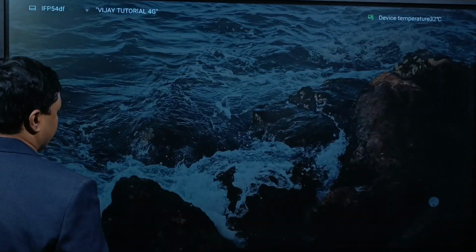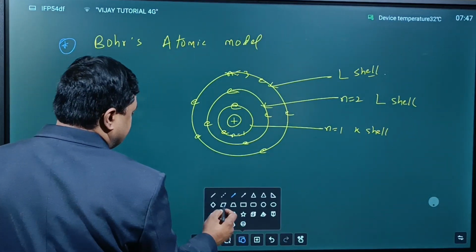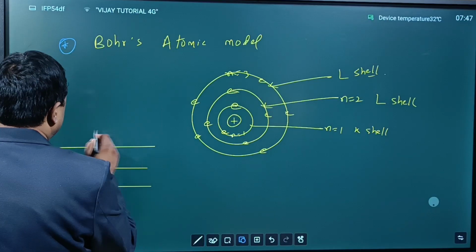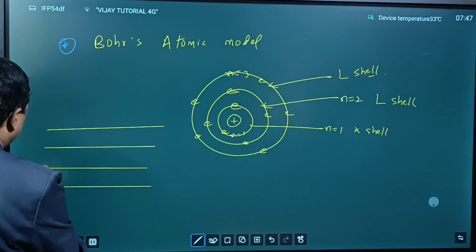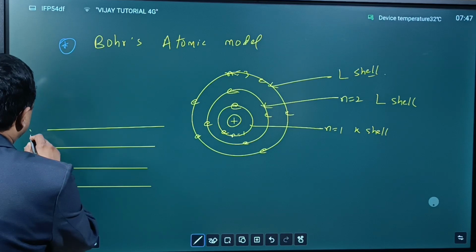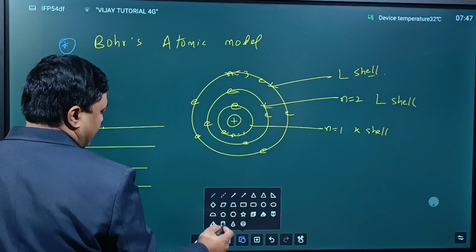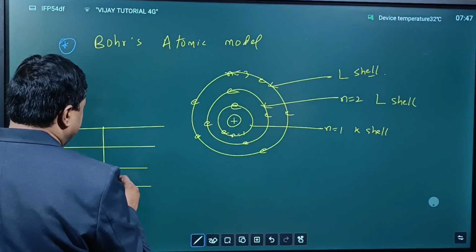Try to understand this. These are the energy levels I am just showing. Here n equal to 1, n equal to 2, n equal to 3, n equal to 4. Suppose an electron is in the fourth shell. Whenever it comes to the first shell, it will emit some radiation.